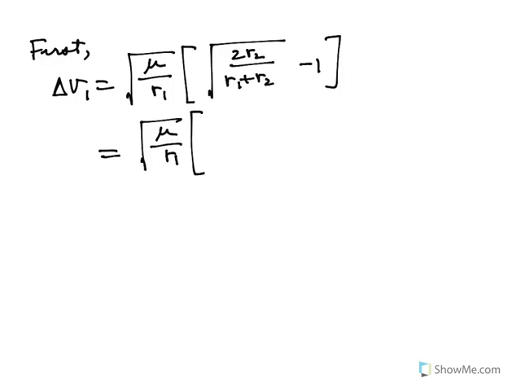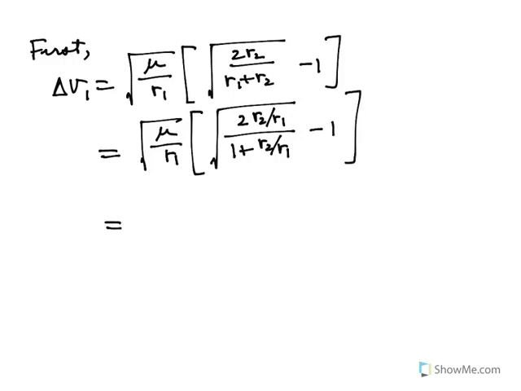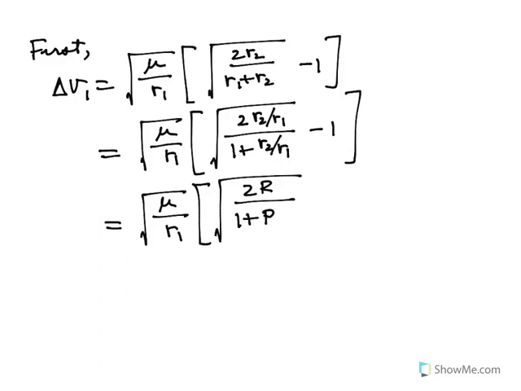Now what I'm going to do to get it in terms of this ratio r is I'm going to divide numerator and denominator in this fraction by r1. So that gives me 2r2 over r1 all divided by 1 plus r2 over r1 minus 1, which is equal to the square root of mu over r1 times the square root of 2r all divided by 1 plus r minus 1.